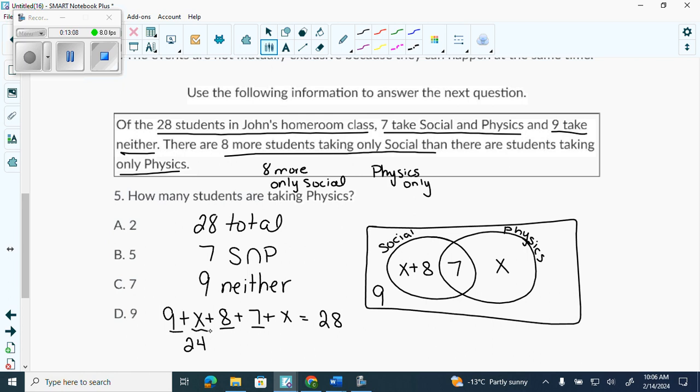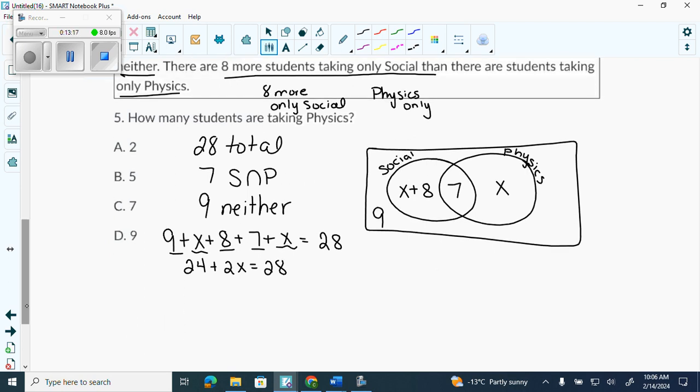And then X plus X is 2X equals 28. What do I have to do next? Subtract 24. 2X equals 4. Then what do I do? Divide by 2. And X equals 2.